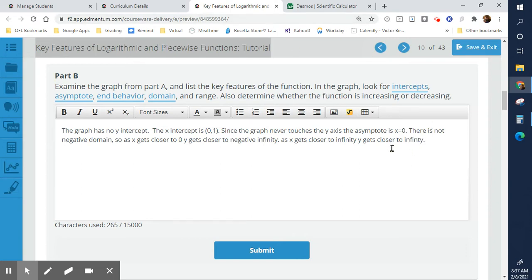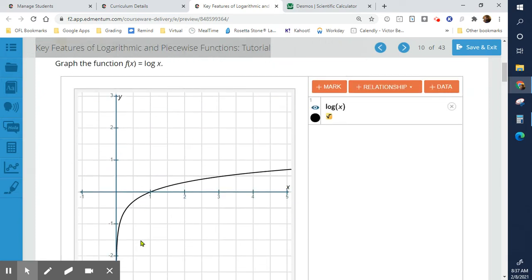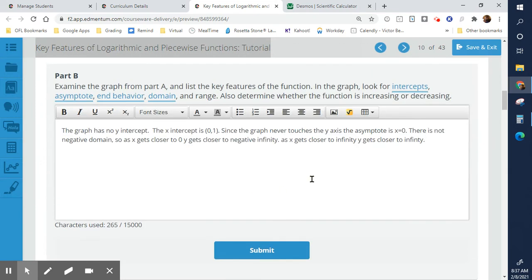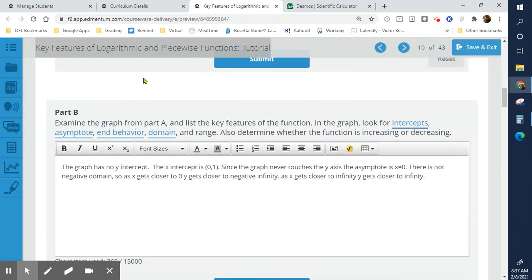So even though y does get closer to infinity much slower than x, like here we're going up 1 in x and y still isn't at 1, it's still going to infinity. It's just going to get there slower. And infinity really isn't an actual number, but it's important to say that. I don't like this end behavior thing because you kind of have to know the domain and range before that. So they put this in a very weird order.